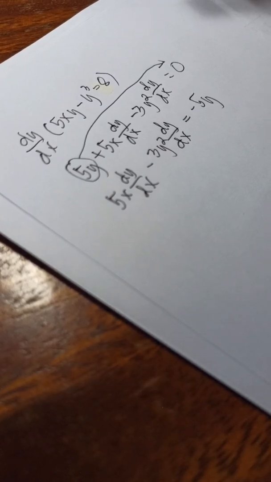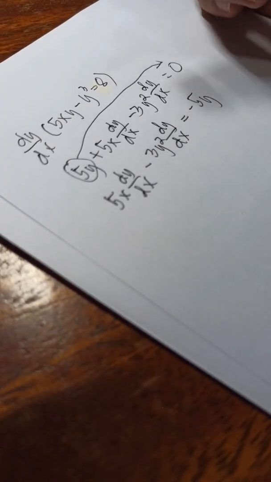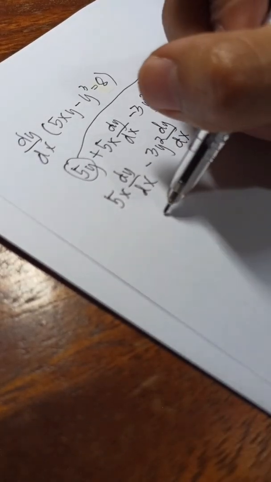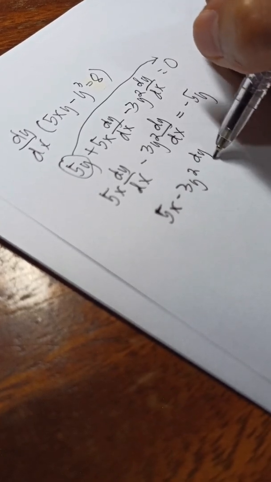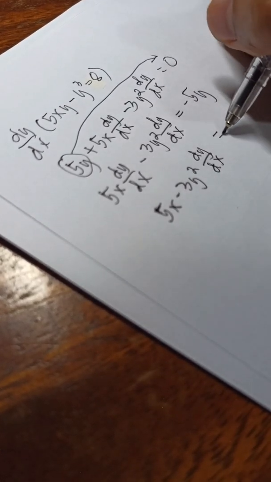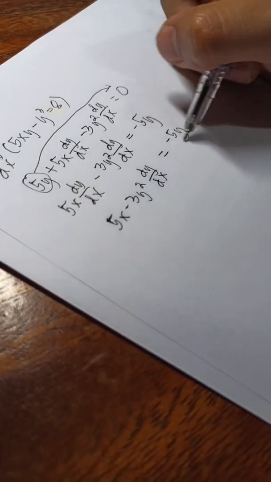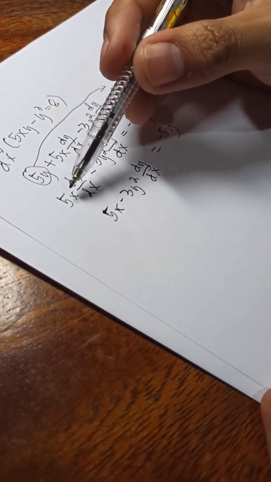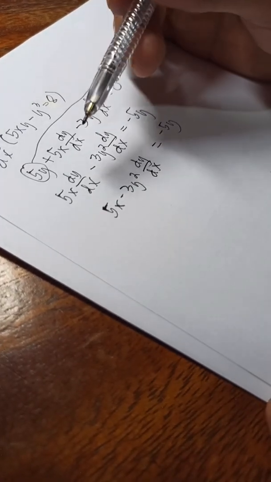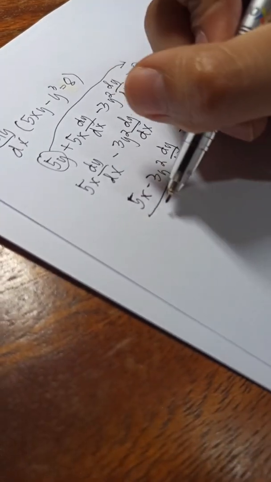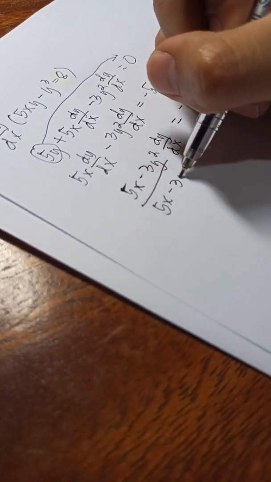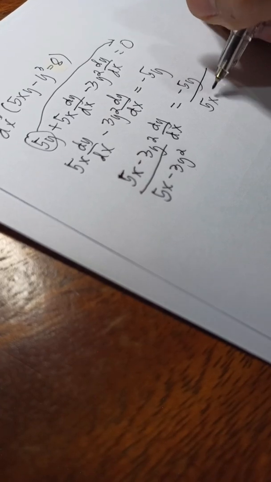And so what we need to do is factor out dy over dx: (5x minus 3y squared) dy over dx equals negative 5y. So what we did was we combined 5x and negative 3y squared on the left side.